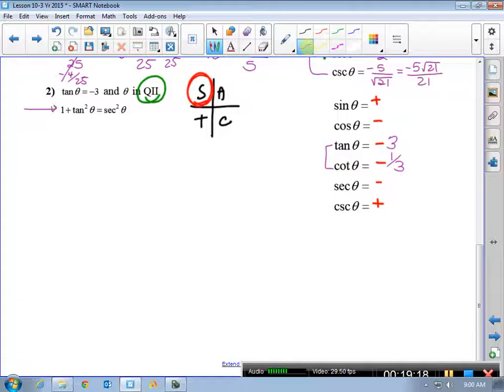The Pythagorean identity that we're going to use is 1 plus tangent squared equals secant squared, because they've given us tangent in the problem. This will help us find secant. 1 plus 9 is 10. Square root, you square root a number, you plus minus.